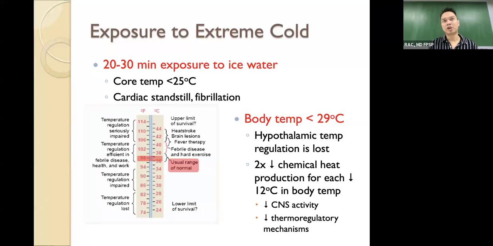Now, should the patient sleep when hypothermia sets in, that's it. It's straight downhill, the hypothermic patient will now die. So it is important to keep these patients awake because the moment they sleep, they will eventually die. So the thermoregulatory mechanism of the body shuts down, so everything shuts down now.